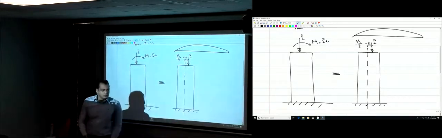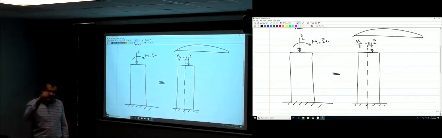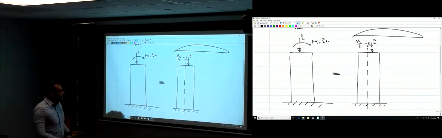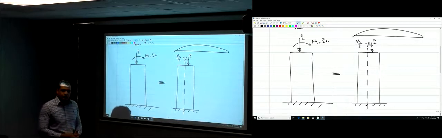What's the eccentricity? The eccentricity is the distance from where this axial force is applied to the centroid, right? So now we need to define the centroid. Is it the regular centroid that you learned in the statics course, the centroid of the body?